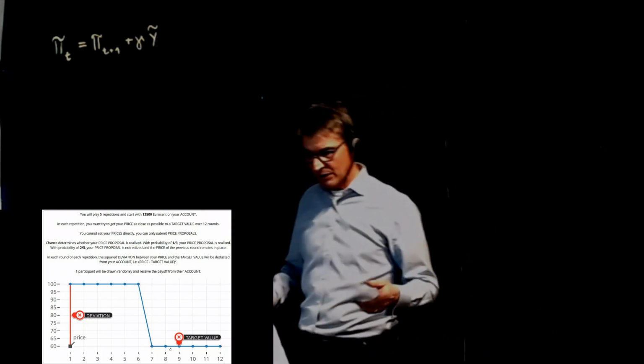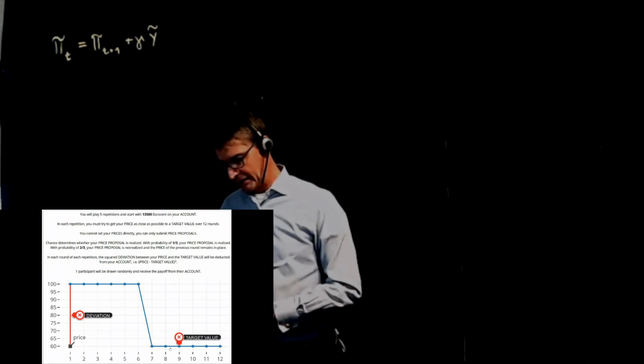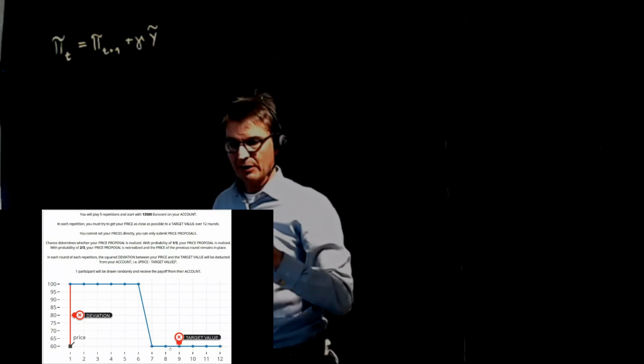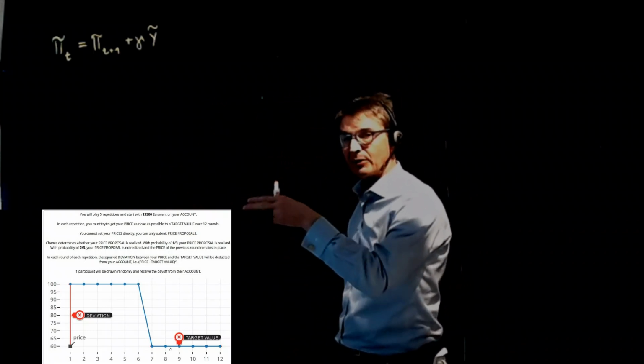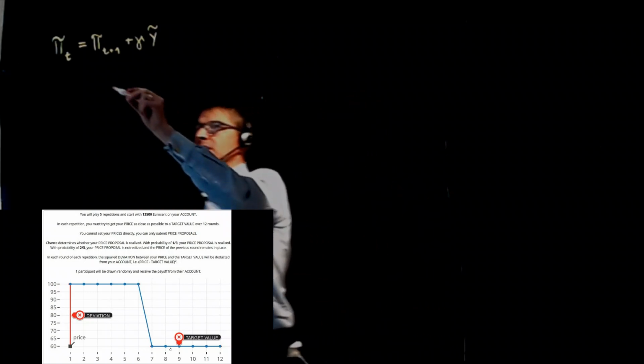Okay, now what we get here at first is, well, let's take a rather general form. Here in the game, your price proposal is implemented with probability 1/3. So let's use the general parameter alpha. And in our case, this is just 1/3.